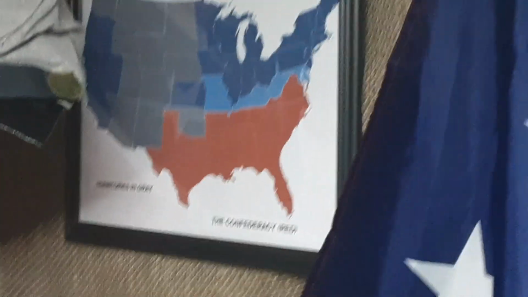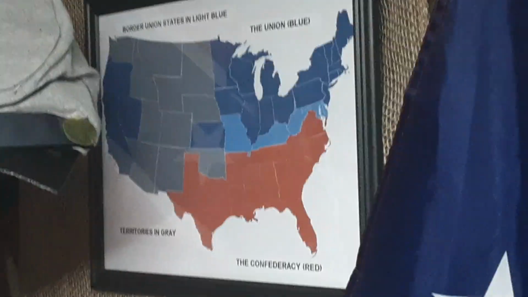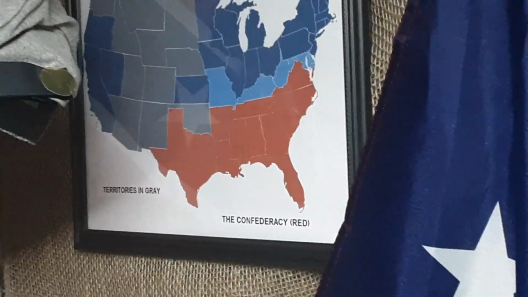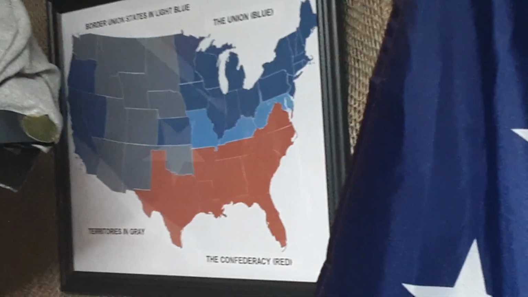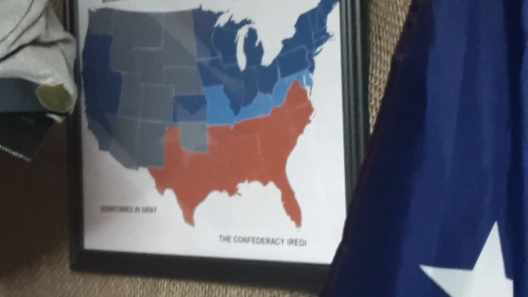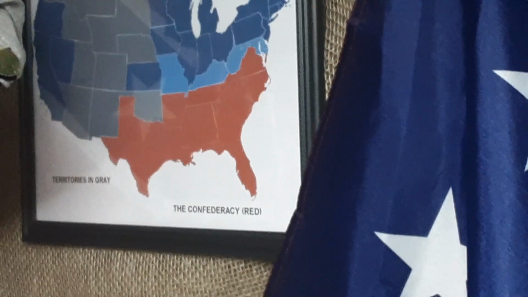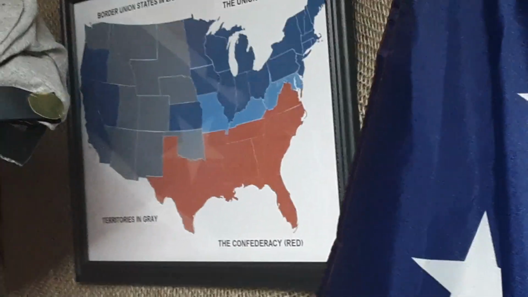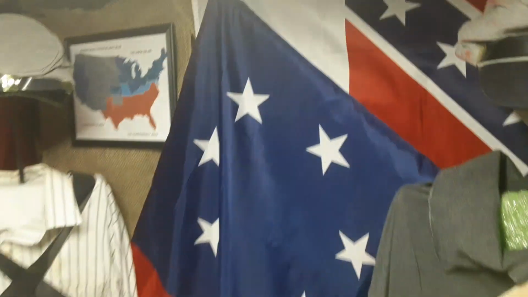And so 11 of them seceded. Well, initially it was 7, but then it went to 11 after Fort Sumter. So 11 of them seceded from the Union, and 13 if you want to count Missouri and Kentucky, but they never actually officially seceded. But they were given representation in the Confederate government. So that's why some of these Confederate flags you'll see have 13 stars.